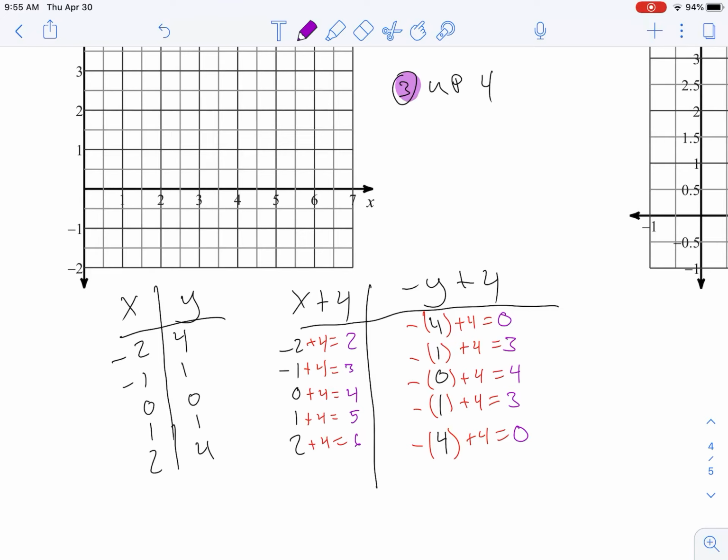I'll go ahead and list these points just so that you see. 2, 0, that was from here. These correspond, my x and my y. And then 3, 3. And 4, 4. And 5, 3. And I'll squeeze this one in, 6, 0.